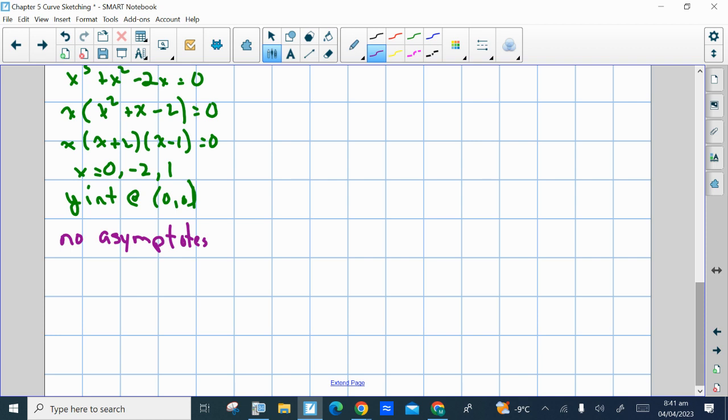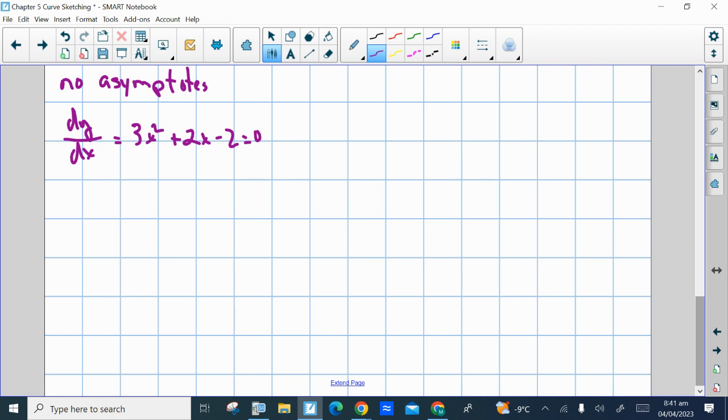And to find our intervals of increase and decrease, we differentiate. So dy by dx will be 3x squared plus 2x minus 2. This quadratic is not factorable.